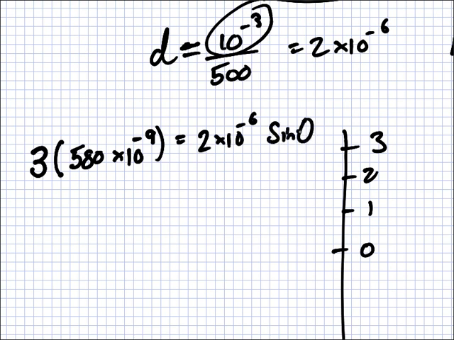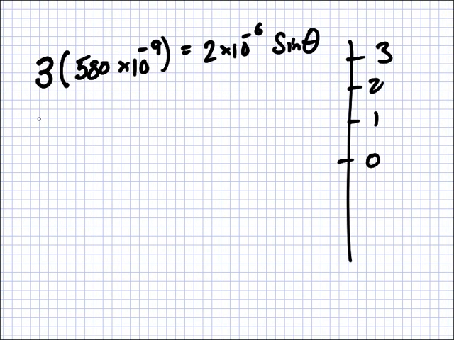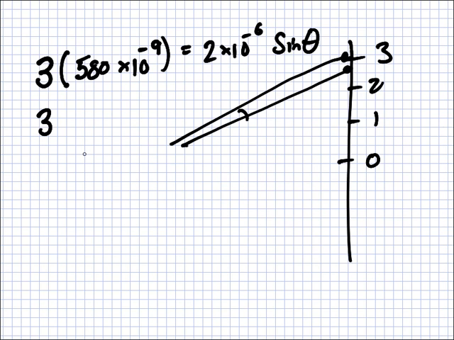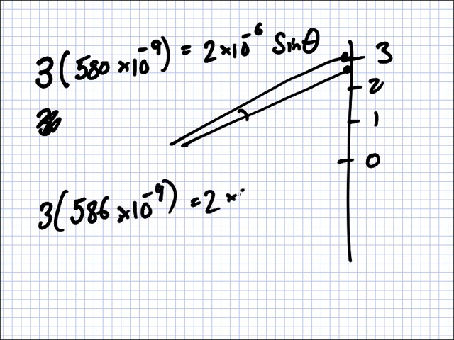sine theta. Okay? And for the other one, they're only different by a little bit. We want the difference here. So for the other one, it's 3. What's the other wavelength? 586 nano. That's also equal to 2 times 10 to the minus 6 sine theta. So you have two angles to calculate.